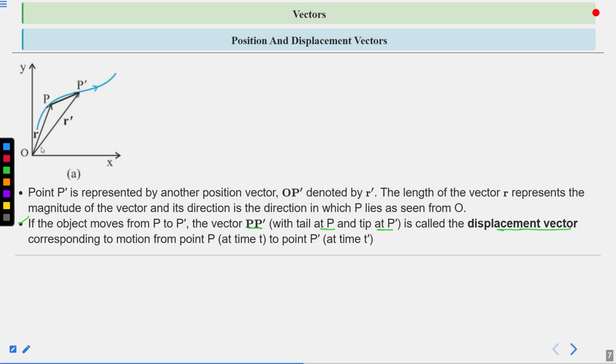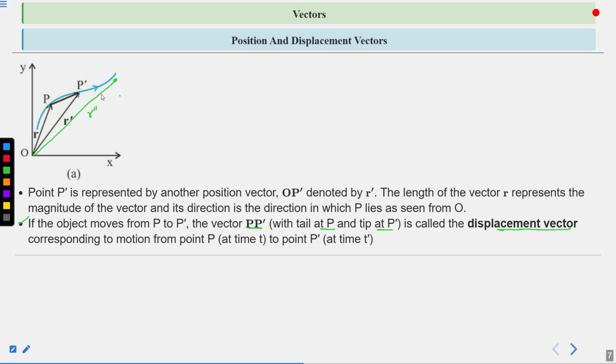Suppose the particle changes position again, and the position of the particle is this one. Suppose we choose the position of the particle as N, and from the origin the position vector is R double prime.